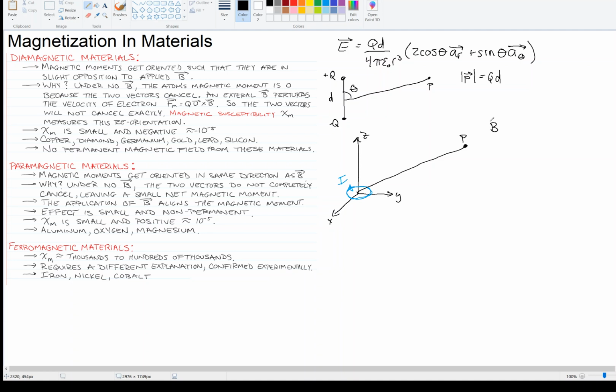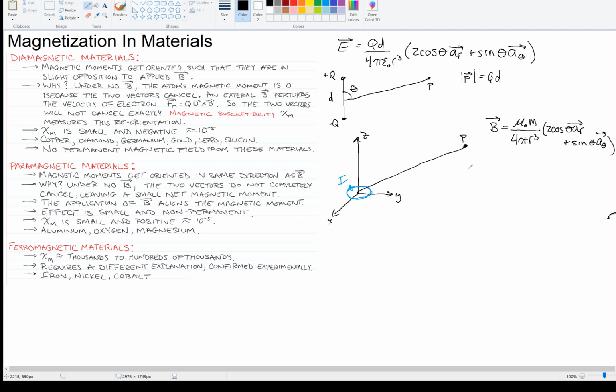The magnetic field, it turns out, when you're far away, you can make some geometric approximations, is given by this guy. I'll try to squeeze it in. Plus sine of theta in the theta direction, like that.